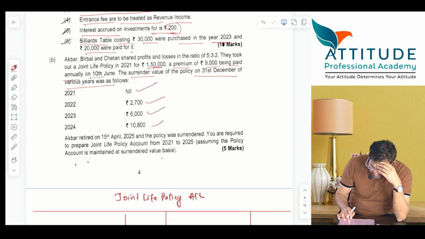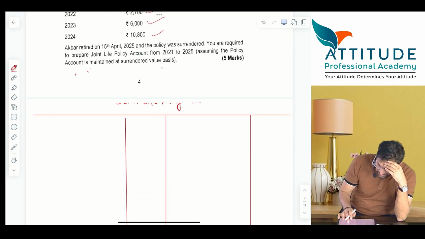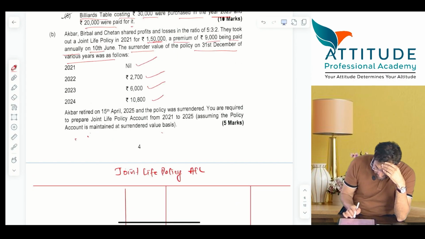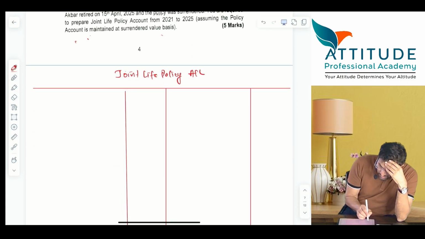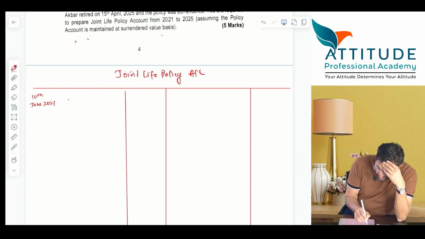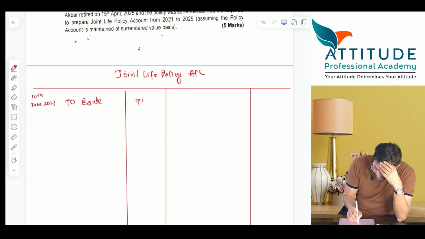Just check the premium, guys. 9,000 is being paid. Okay. When it is paid? 10th June every year. Okay. So we'll take December as year end. So 10th June 2021 to bank 9,000.